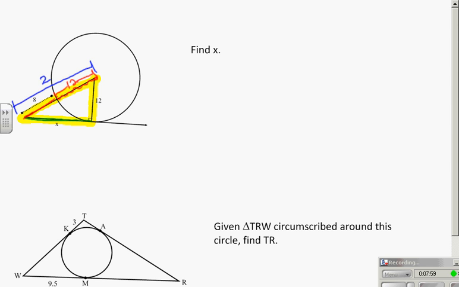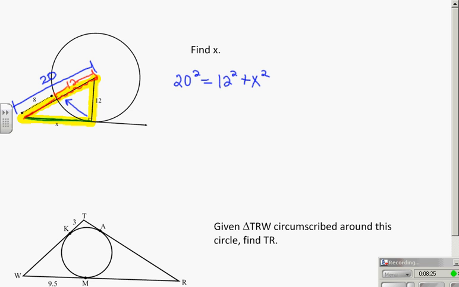So the inside segment is 12. And so what I have to use for my Pythagorean theorem is the whole segment, which is 20. So always be very careful that you're using the appropriate values for your problem. Remember, the hypotenuse is always the longest side. So if for some reason it's not the longest, you might want to check your calculations.